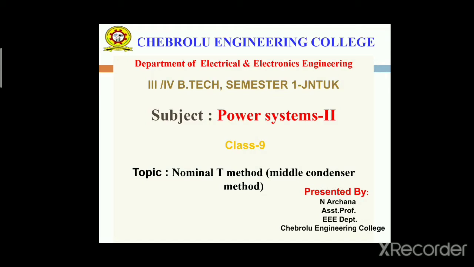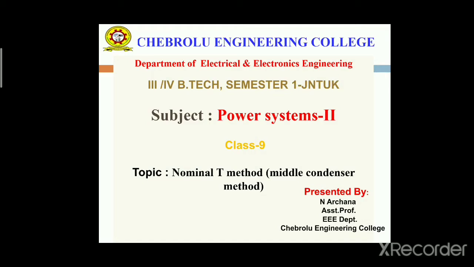The first one is the end condenser method, the second one is the nominal T method, and the third one is the nominal pi method. Depending upon the connection of capacitance, the medium transmission line is divided into these three types.